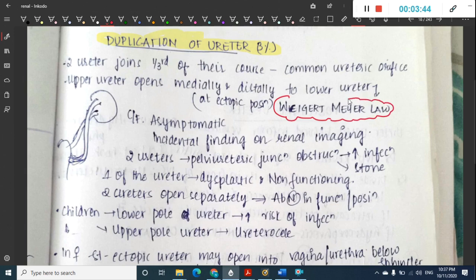And sometimes the two ureters might also join in the lower one-third of their course and give rise to a common ureteric orifice. Sometimes this upper ureter may open medially and distally to the lower ureter, which is called the Weigert-Mayer law.